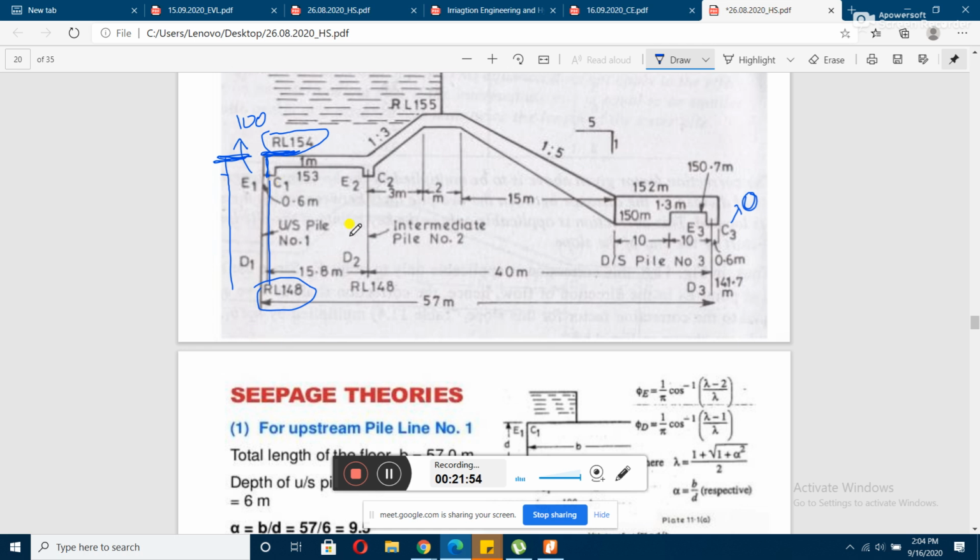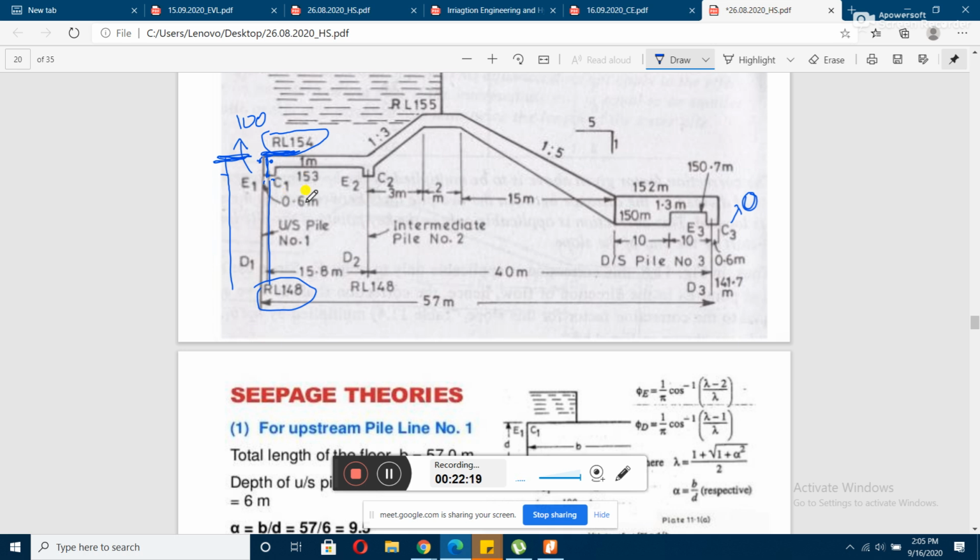Then from the formula we can find out the pressure at this point and at this point. Then we have to do all the corrections in order to get the values at these points. To calculate these values, we consider the depth to be 154 minus 148, which comes out to be 6 meter.